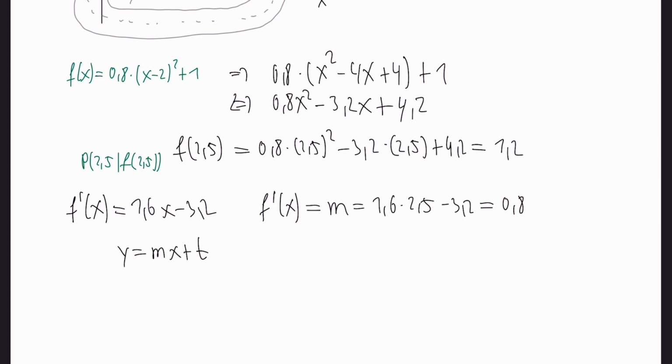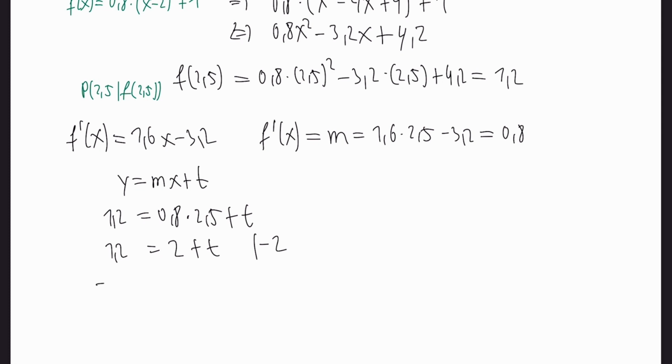So we plug everything in, so only t is left, so we search for t. We can multiply 0.8 times 2.5, which gives us 2. So we subtract 2 on both sides, which gives minus 1.8 equals t.